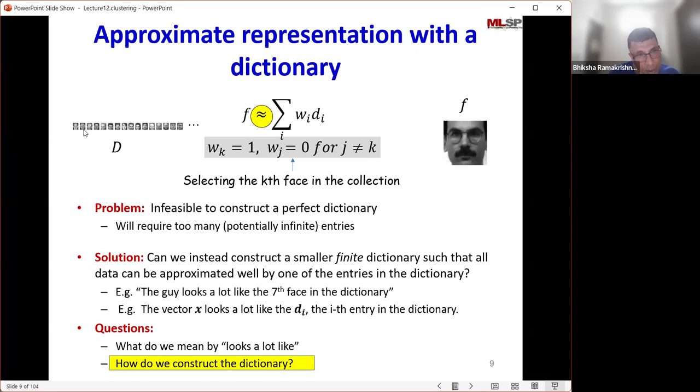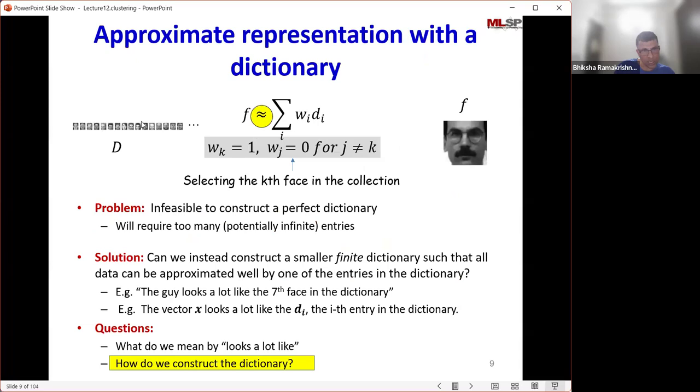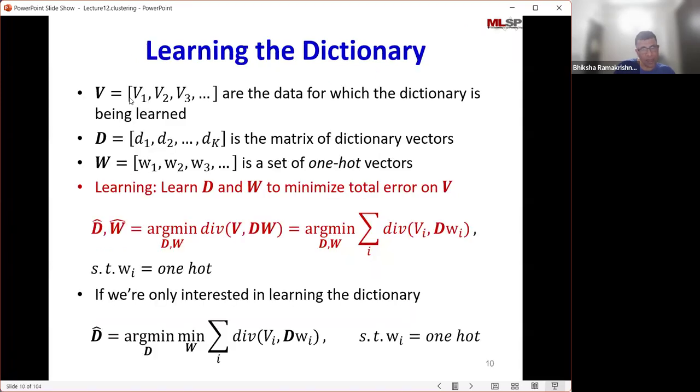The second question is, how do you construct this dictionary? Now, for this, let's say you have a collection of training data represented by this vector V. And then you have a dictionary D of k entries, which is a matrix of dictionary vectors. So this is your dictionary. Then corresponding to each one of my training data instances, I'm going to have a weight vector, which specifies which of these dictionary entries is closest to this data entry.